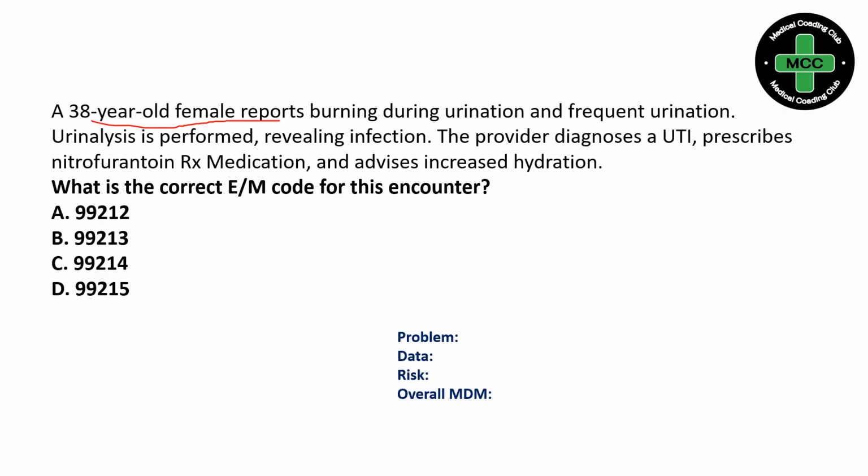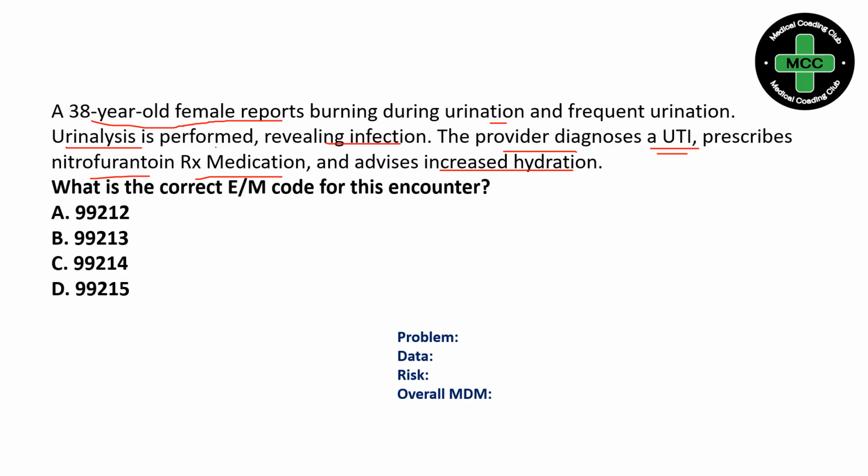A 30-year-old female reports burning during urination and frequent urination. Urine analysis is performed revealing an infection. The provider diagnosed UTI, prescribes nitrofurantoin Rx medication, and advised increased hydration. So what is the problem here? The provider diagnosed UTI, urinary tract infection, and if you check the data point, they have performed urine analysis, and then prescribed Rx medication.